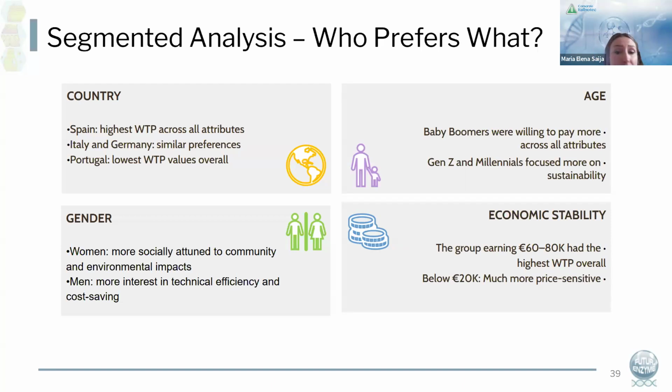In fact, different previous studies confirm that women typically exhibit stronger pro-environmental attitudes and behaviors. On the other hand, men show a slightly higher willingness to pay for features like energy efficiency. This may reflect their interest in technical efficiency and cost saving, aligned with more pragmatic or utility-focused preferences.